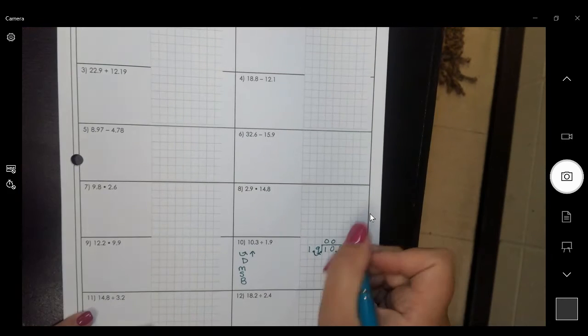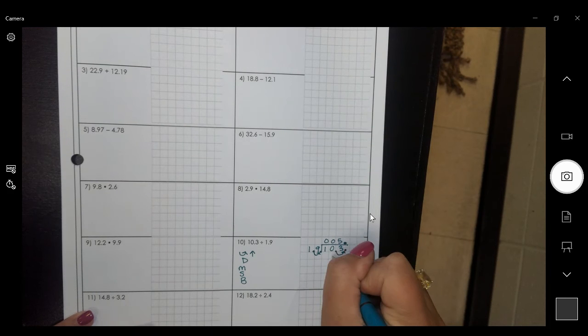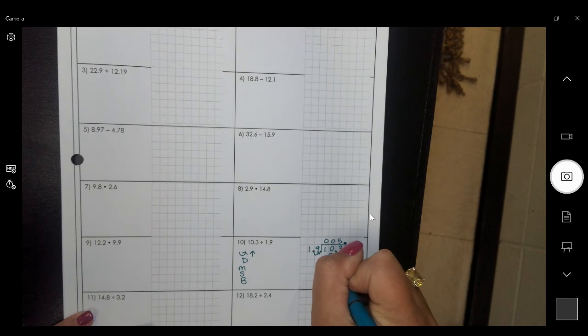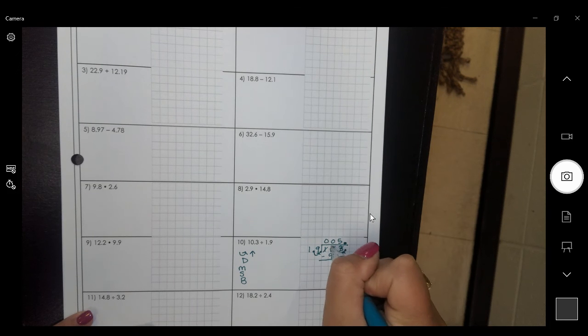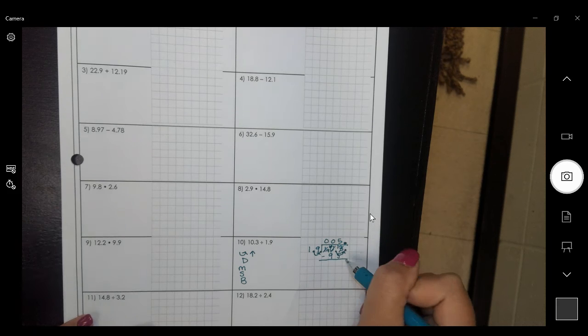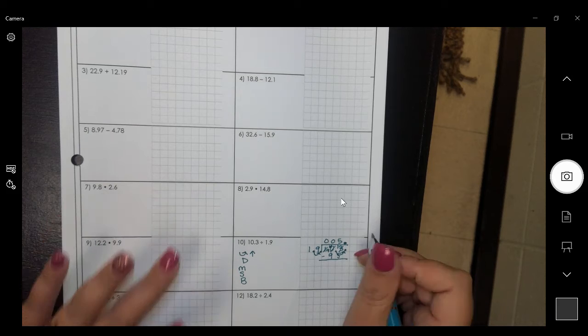Flip it back over here, and I can choose to use 5. So 5 times 19 gave me 95. When I subtract, I have to go next door to get 10 more. That becomes 9, so that becomes 0, and that's 13. 13 minus 5: 5, 6, 7, 8, 9, 10, 11, 12, 13.